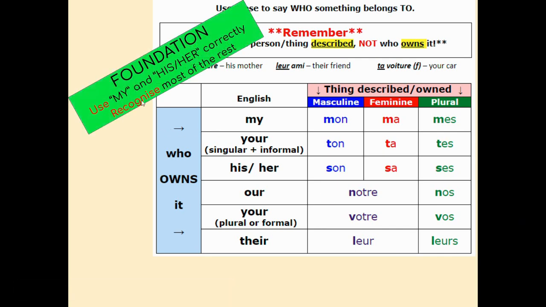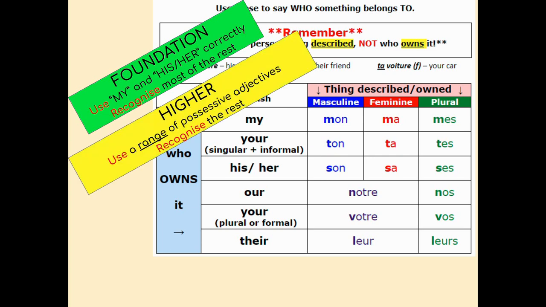So at GCSE, to do the foundation course, you need to be able to use my and his and her correctly, and you'd be expected to recognize most of the rest. Candidates that are aiming for higher, it is definitely doable. What we want is for you to use a range of possessive adjectives, so not just my, his and her.